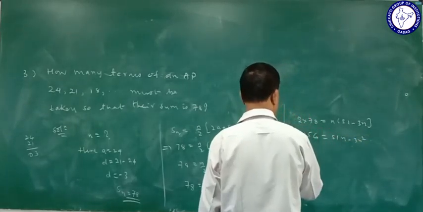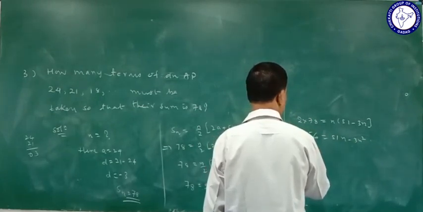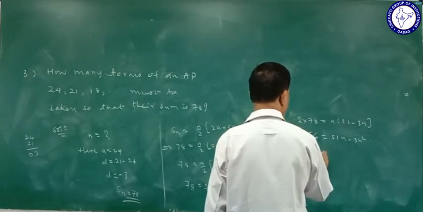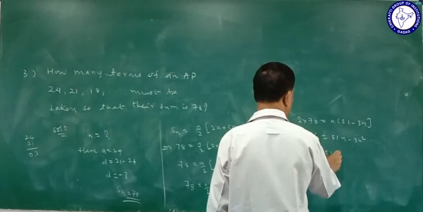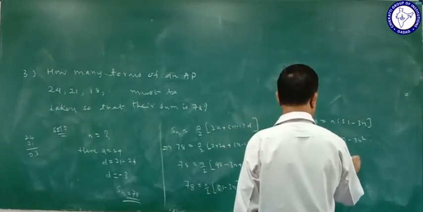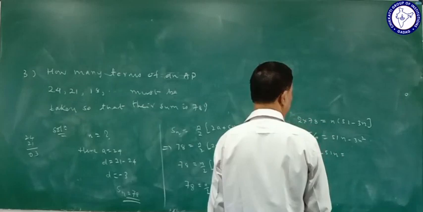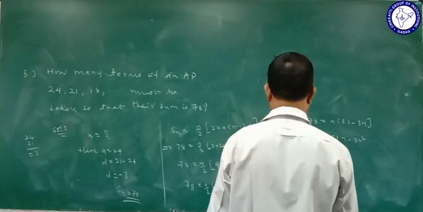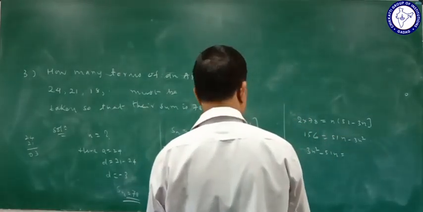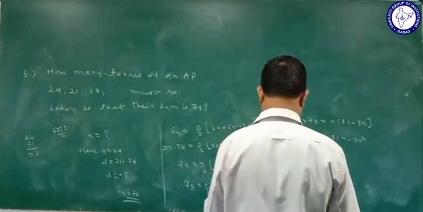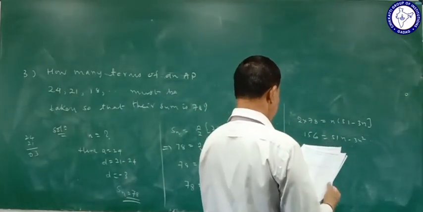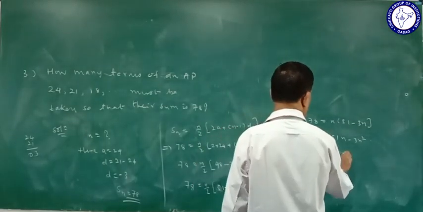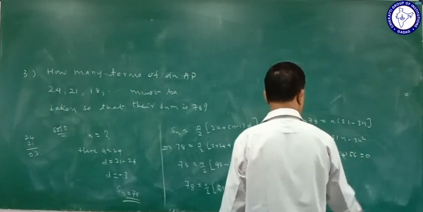When you bring this to one side, it becomes 3n square minus 51n plus 156 is equal to 0.